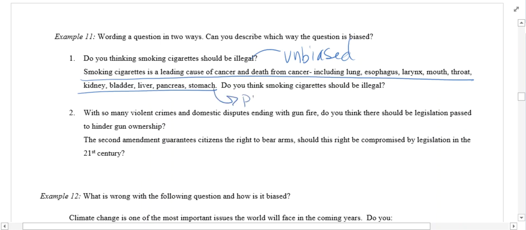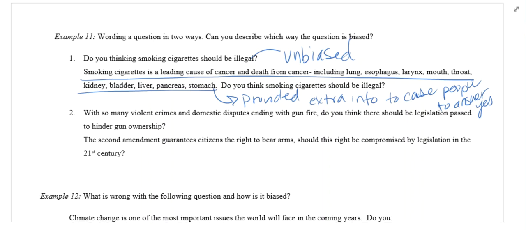So they provided extra information to cause people to answer yes. The way the question is worded is influencing them to get a response of yes, we do think cigarettes should be illegal.